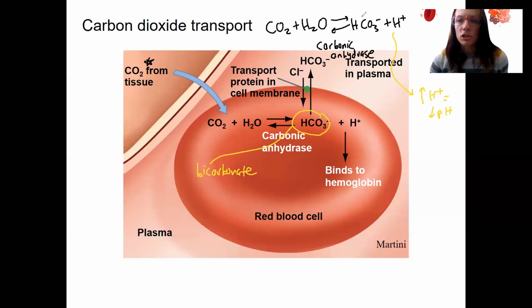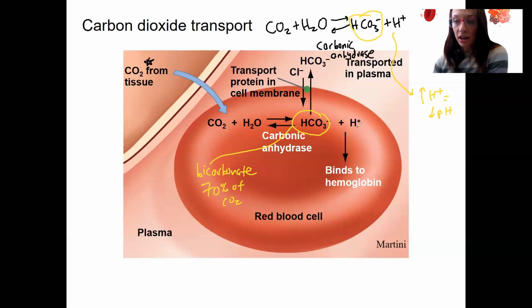I want to make sure not to cover up the negative there. There it is. And a hydrogen ion. That is how the bicarbonate is formed, which is about 70% of CO2 carried. Not actually CO2 anymore, right? It's converted into bicarbonate. At the tissue, at the lungs, that's going to be reversed.